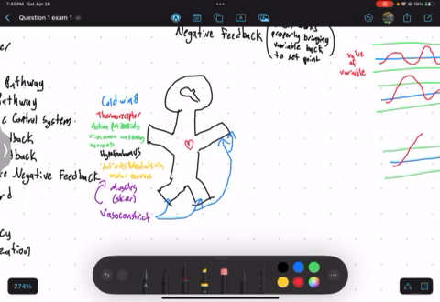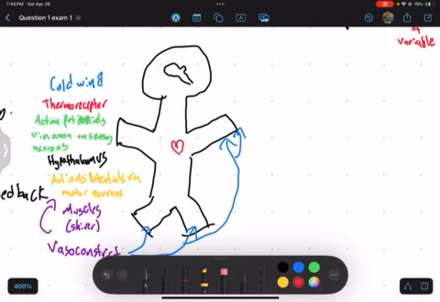lose your heart. So in this area, the blood vessels within the area are either going to stay the same size or they're going to vasodilate so that way they can stay warmer around the areas that they need to keep warmer.